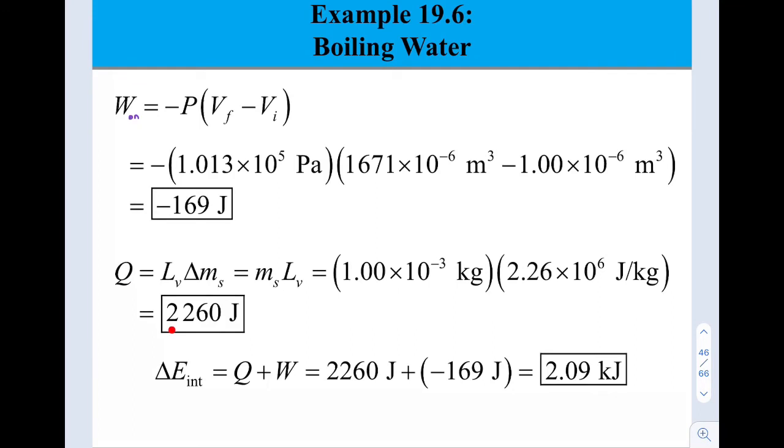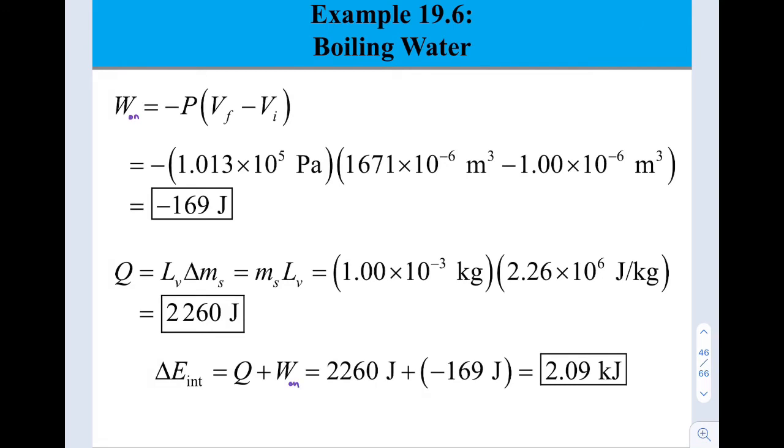If it is positive, it means that it's transferred into the system. If the Q is negative, it means that the Q is taken out from the system. So based on the thermodynamic first law, delta E internal is equivalent to Q plus W on.